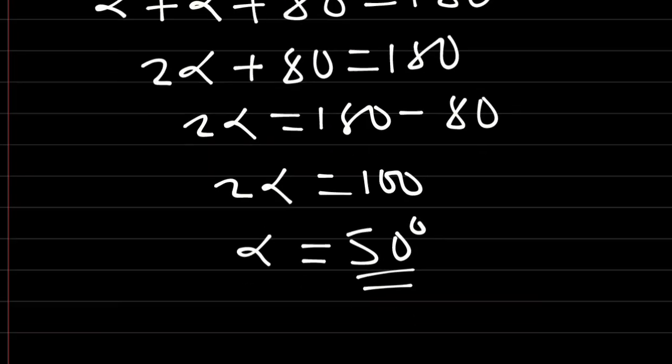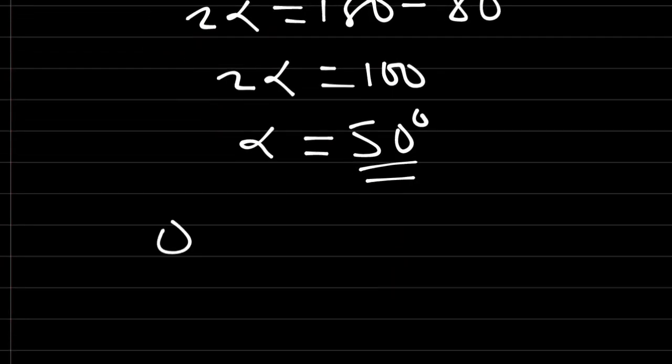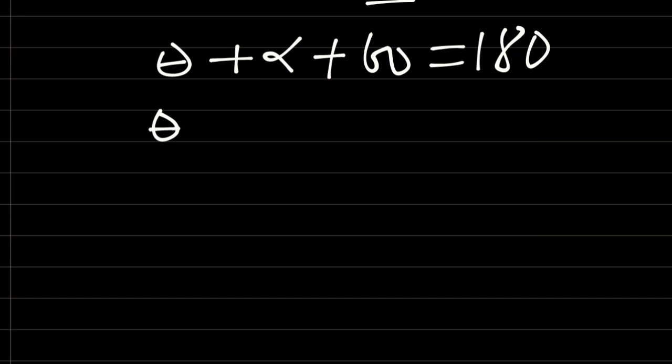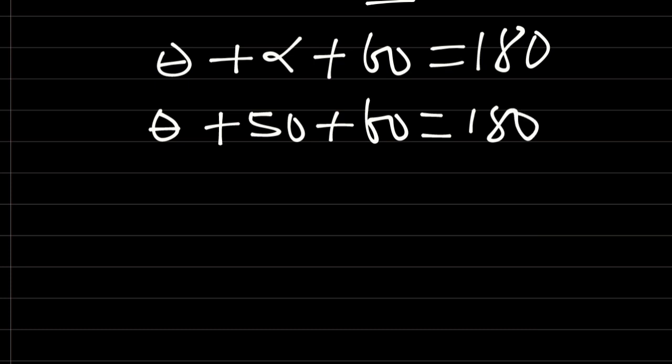Therefore, we have theta plus alpha plus 60 degrees is equal to 180. Theta plus 50 plus 60 is equal to 180 degrees because our alpha is actually 50 degrees. We have theta plus 110 degrees is equal to 180 degrees.